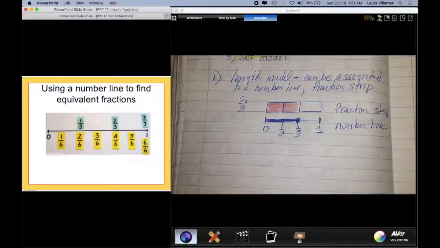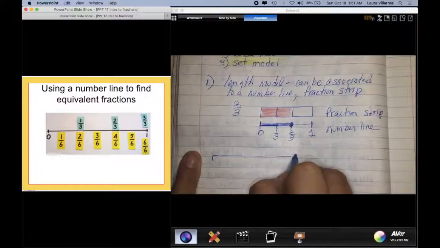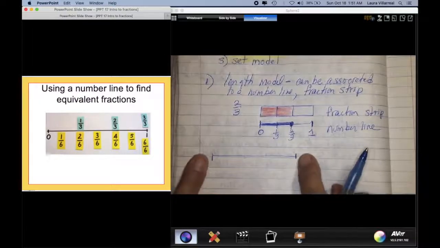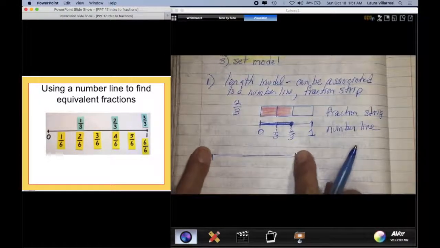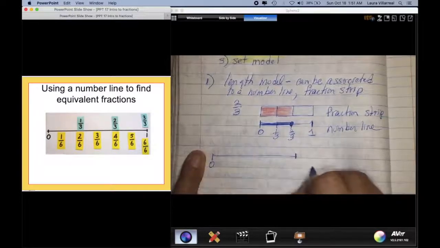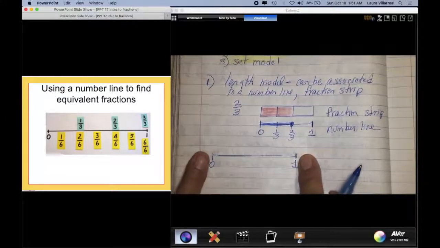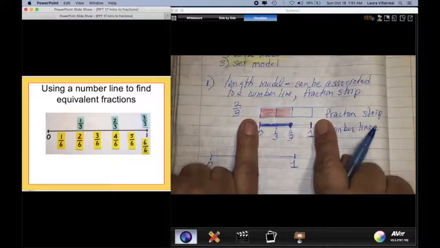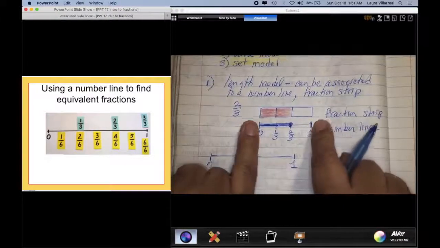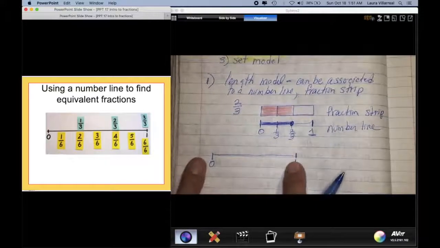Let's go ahead and draw this picture because this is interesting. So here's another number line. Now remember that fractions are part of a whole. So you have to draw the whole number line from 0 to 1. That's my whole that I'm referring to. All fractions do not have to be the same length. They have to be the same length when I'm comparing them to each other. But here, this is another problem.